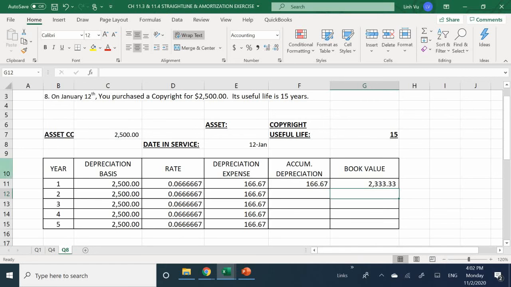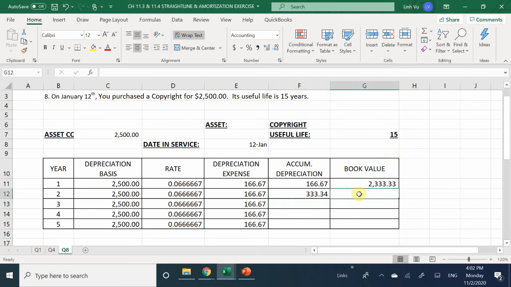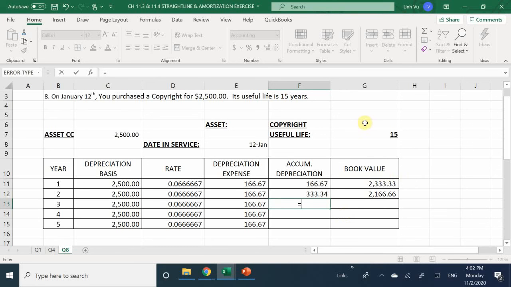So what is my accumulated depreciation going to be for year number 2? $333.34. Good. And that makes my book value $2,166.66. All right. What is my accumulated depreciation for the 3rd year? $500.01.